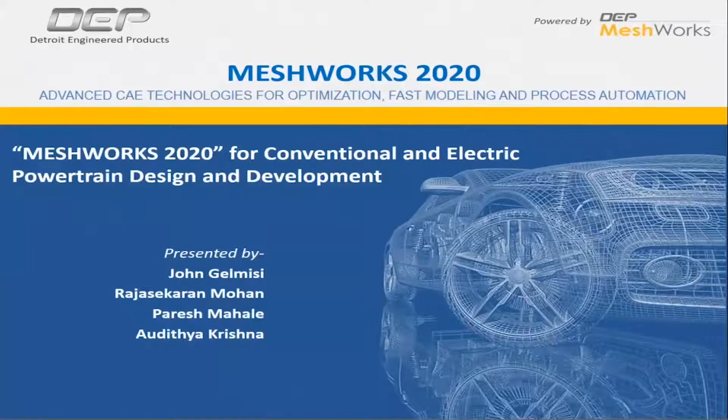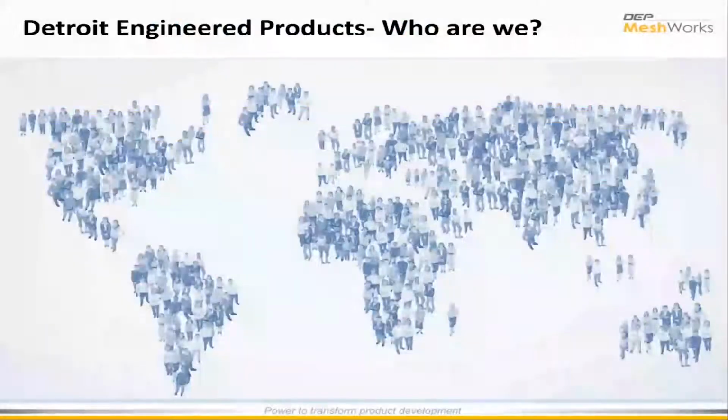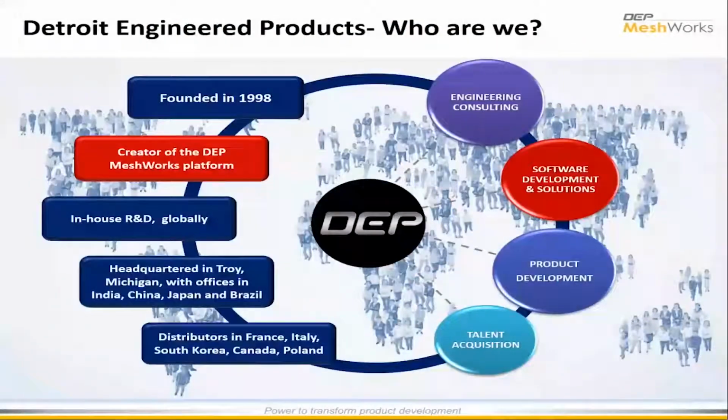Detroit Engineered Products, or DEP for short, is your host today and also the creators of the MeshWorks software platform. We are a 22-year-old company that has grown to about 500 engineers globally with technical centers in 6 countries, MeshWorks vendor partners in 15 countries, and our global headquarters in the Metro Detroit area here in Michigan.